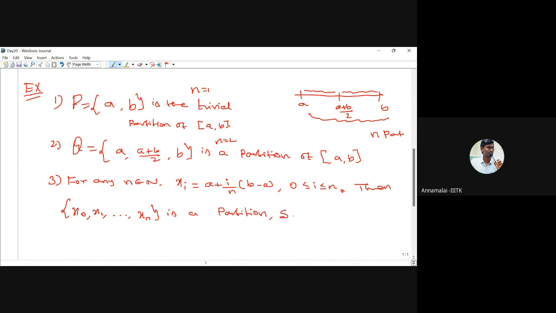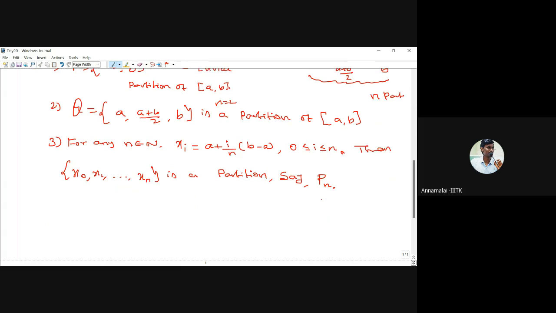Since this partition depends on n, we call it P suffix n. Note that this Pn divides the entire closed interval [a, b] into subintervals, and the length of each subinterval is always the same.